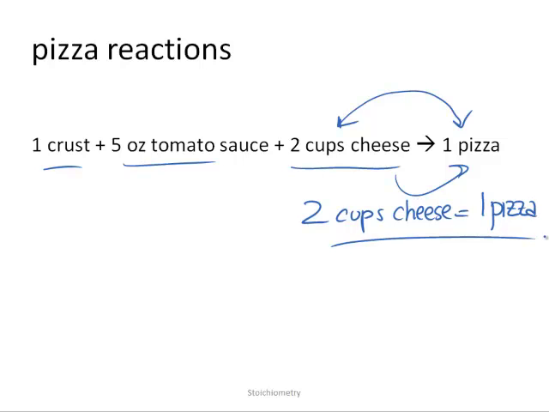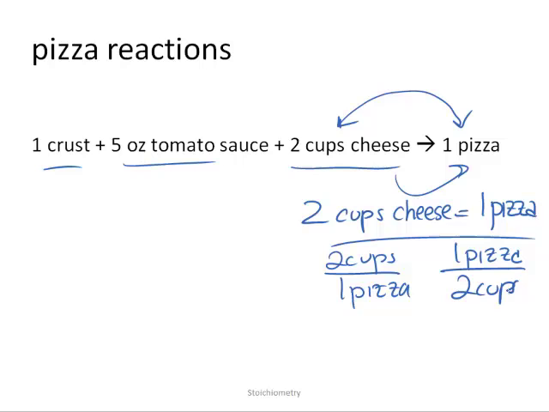So if I want to, I can create a conversion factor from those. I can say that if I have 2 cups of cheese, I can make 1 pizza, or if I made 1 pizza, that means I had to have 2 cups of cheese.